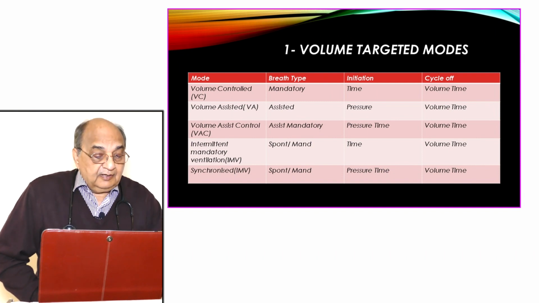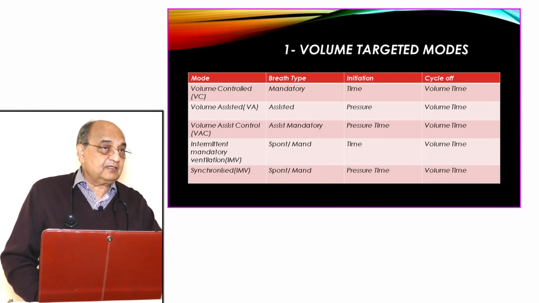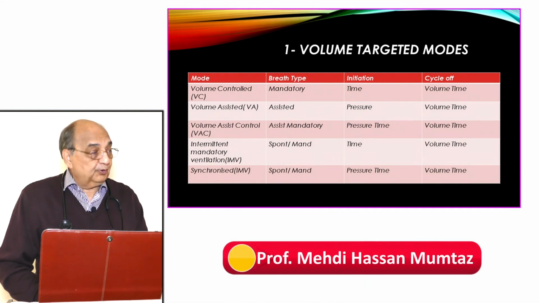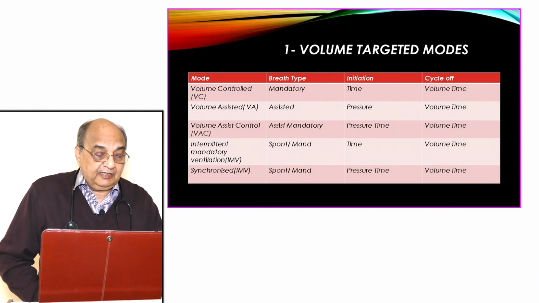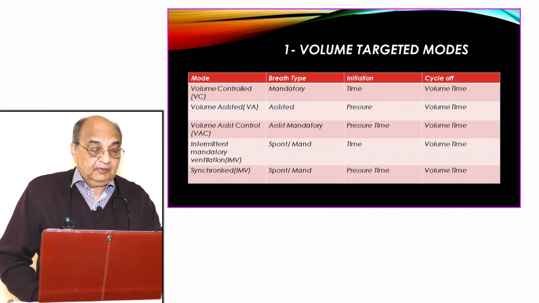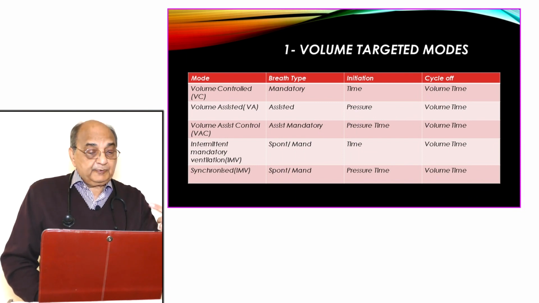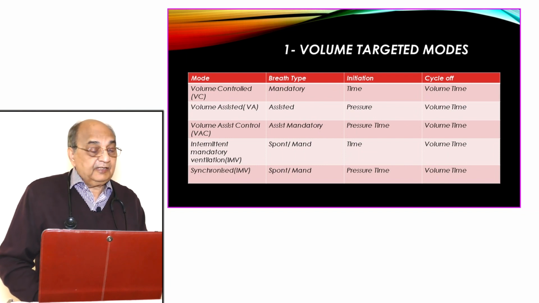Then volume assisted mode, where the ventilator assists the ventilation. Then you have volume assist control mode. Then you have intermittent mandatory ventilation, IMV. Then you have SIMV. These are the different volume controlled modes, and the absolutely controlled one is volume control ventilation.